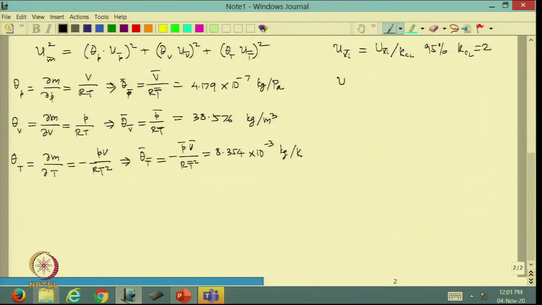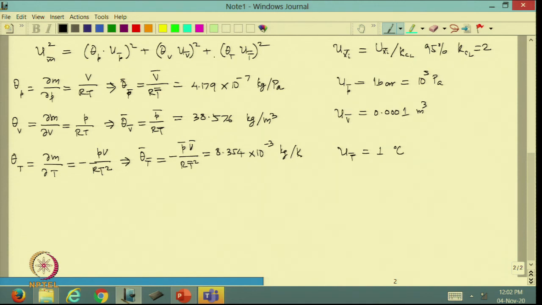So, what we get here is that u p bar is equal to 1 bar, which is equal to 10 to the power 5 Pascal. u v bar will be 0.0001 meter cube, half the value of the uncertainty quoted, and u t bar is 1 degree Celsius.